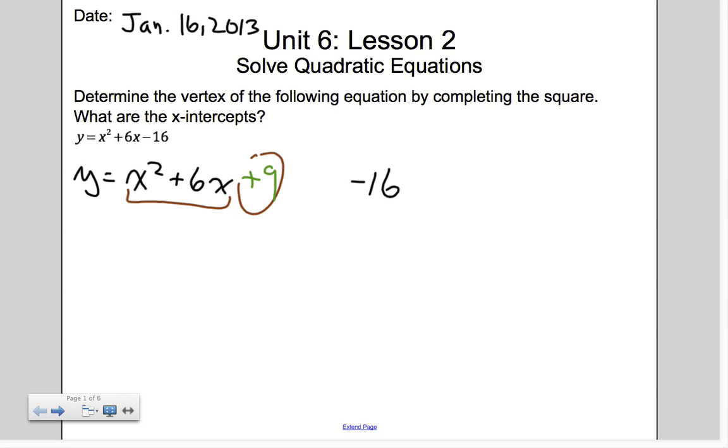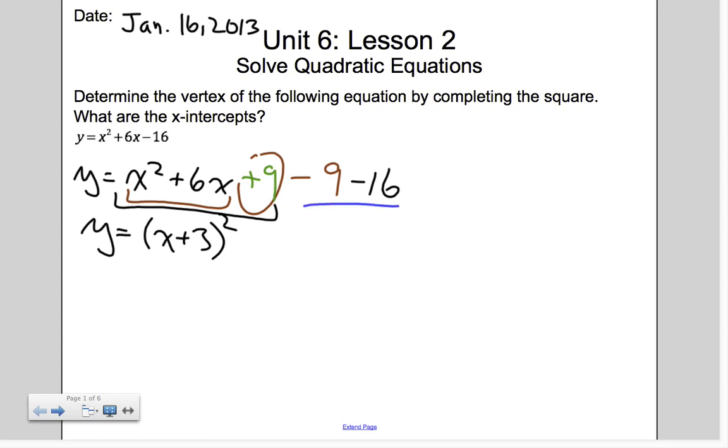We just can't arbitrarily add things if we're going to change it. So we have to subtract 9 as well. So now if we rework our equation a little bit, we have (x plus 3) squared. That was our perfect square trinomial. And now we're going to simplify this part.